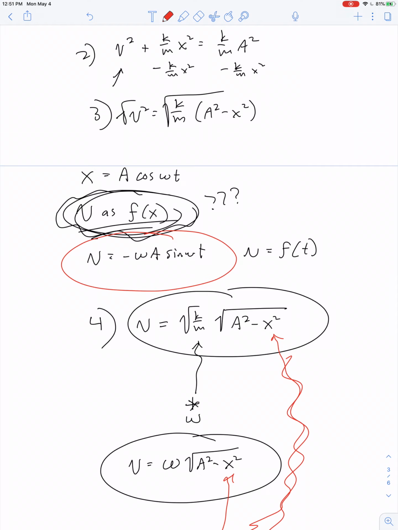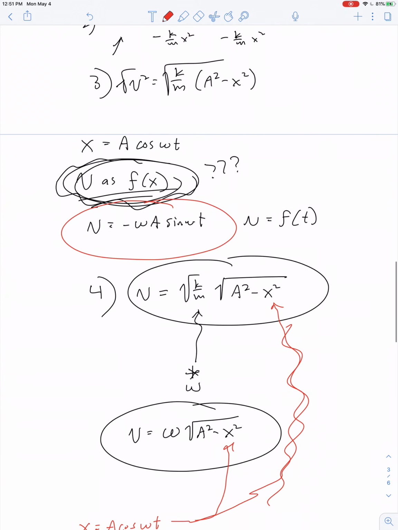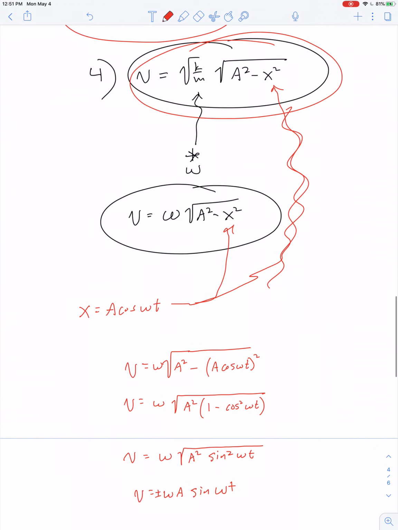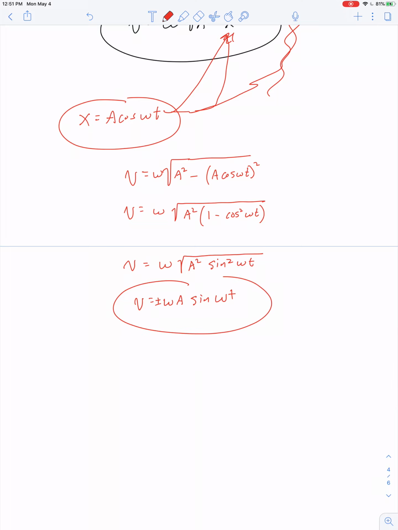So it seems to agree. Our expression based on the law of conservation of energy that gives us velocity as a function of position, when we plug in position as a function of time back into that equation, we get the familiar equation for velocity as a function of time.